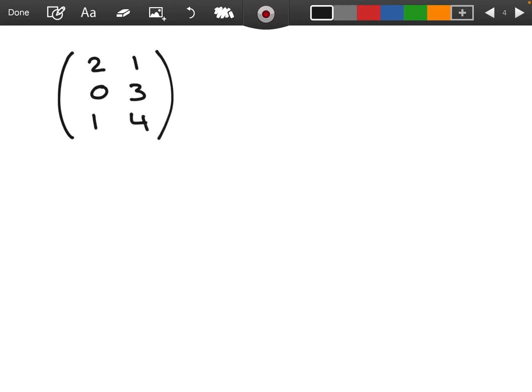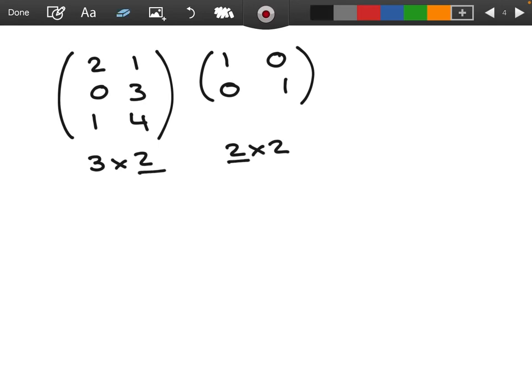If I took this matrix here and multiplied it by a 2 by 2 identity matrix, okay, this would work out in terms of my sizing, because I have a 3 by 2 for my dimensions of my first matrix and a 2 by 2 for the dimensions of my identity matrix. These two numbers match, and the size of the matrix that I get out is always the exterior numbers. It's a 3 by 2.